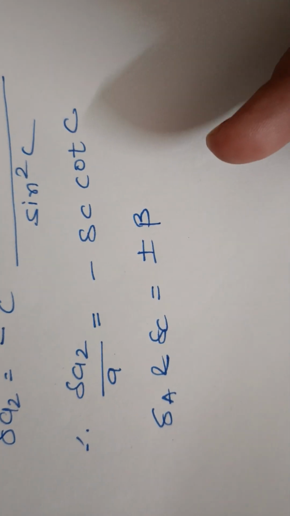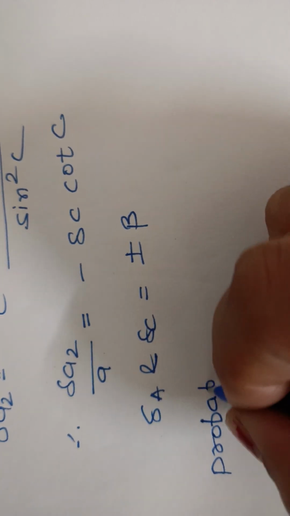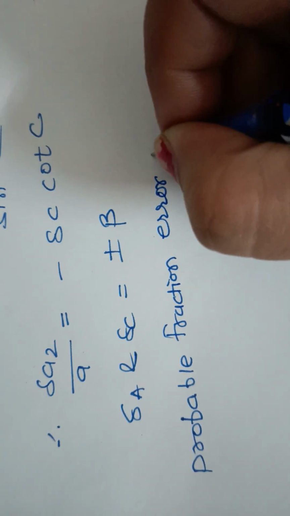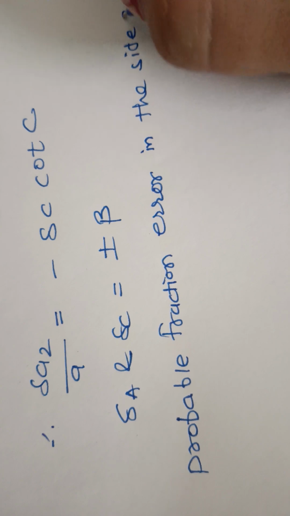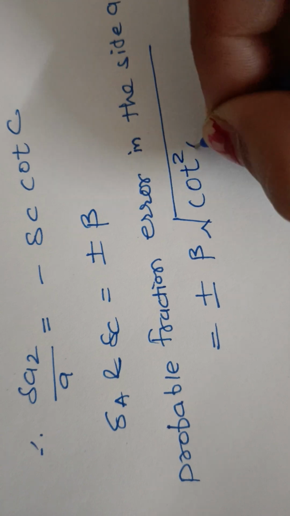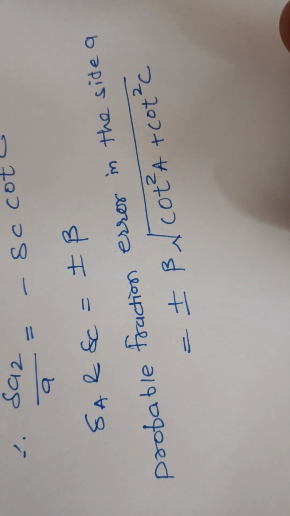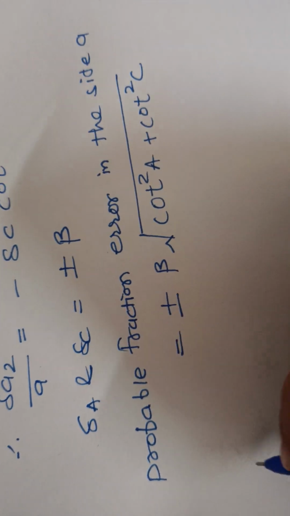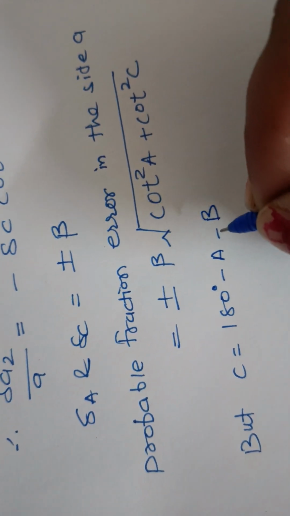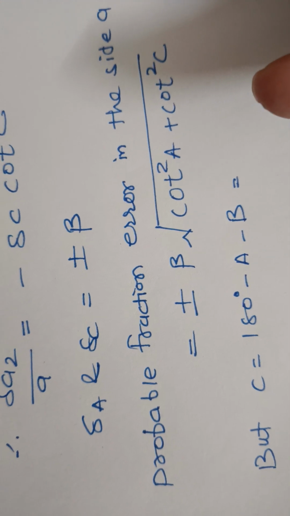So the probable fractional error in the side A is beta under root cot square A plus cot square C. This is minimum when cot square A plus cot square C is minimum, obviously, but we have the problem that C equal to 180 minus A minus B. This is from the triangulation: the sum of all the angles of a triangle is 180.